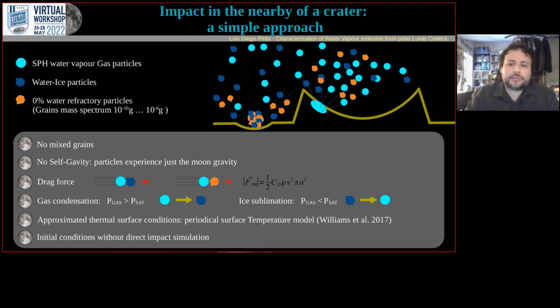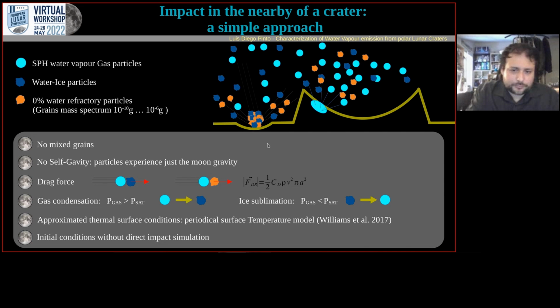So we use three components of matter. One is given by the water vapor released by a comet after the impact on the surface. The other component is given by some particles representing the water ice, and another component is given by some particles representing dust made of refractory matter.